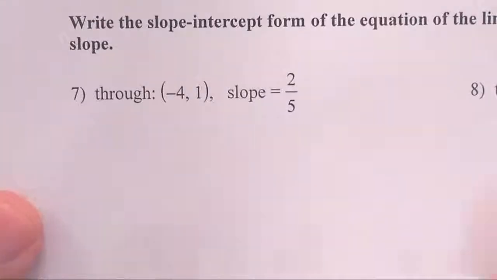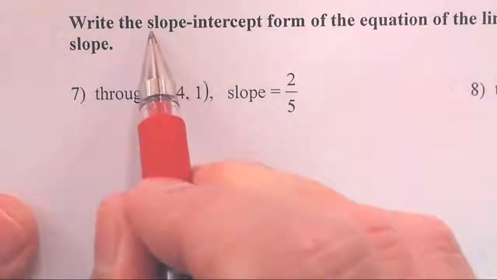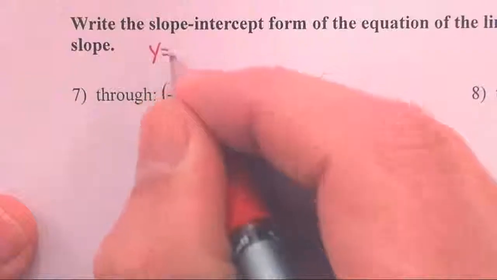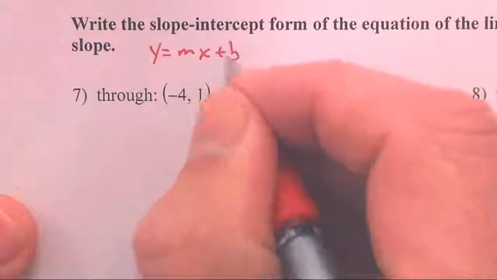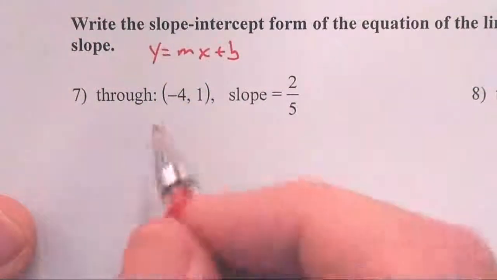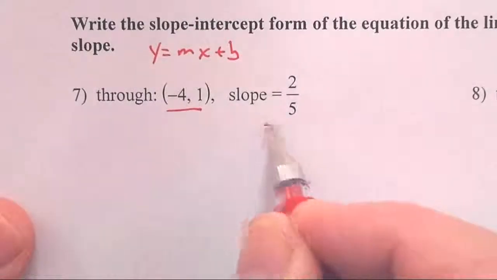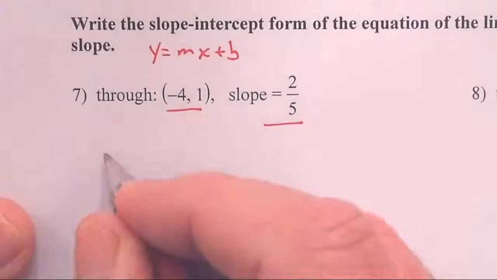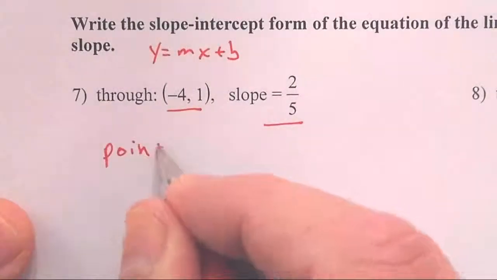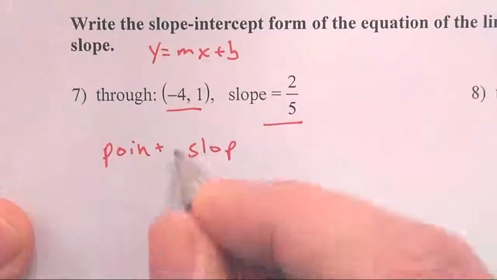Okay, again, slope-intercept form. S, solve for y. That's our y equals mx plus b. But when they give me a point that the line passes through and a slope, I'm going to start with point slope form.